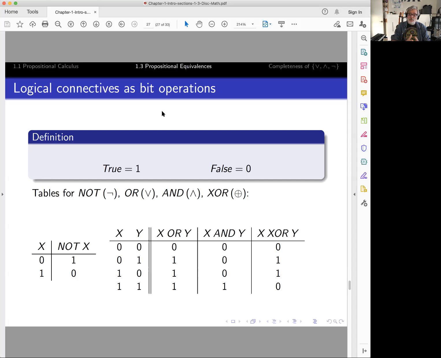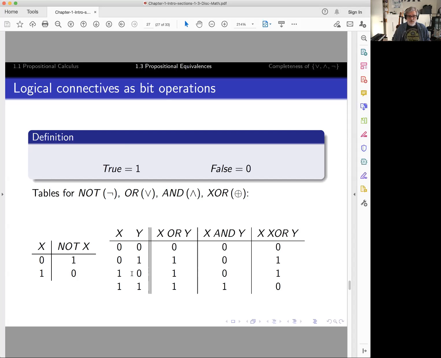Okay, so if you interpret 1 as true and 0 as false, you can reinterpret the basic connectives that we've seen in terms of zeros and ones and just see what happens. So we just rewrite everything that we did with true and false, and we rewrite them with zeros and ones. Okay, so the NOT, what does it do? It flips 0 to 1, 1 to 0, obviously. What does OR do? The OR is always true as long as one of the first two is true.